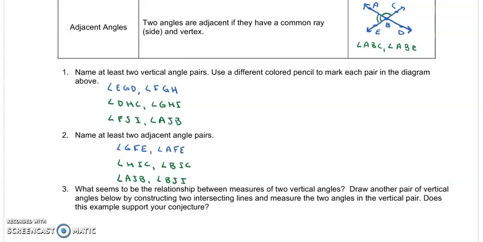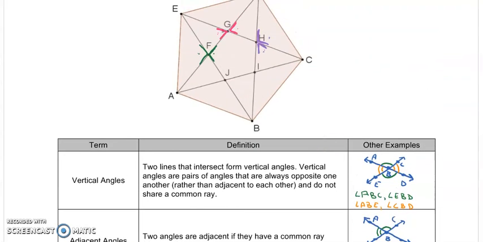Let's take a look at number 3. What seems to be the relationship between measures of two vertical angles? So if I go back to my picture, what do we notice about those two angles or these two angles? What we notice is that they look about the same. Do you agree? This angle is the same size as this one.